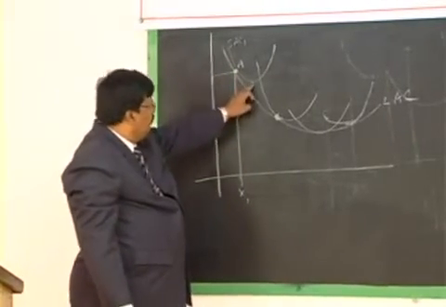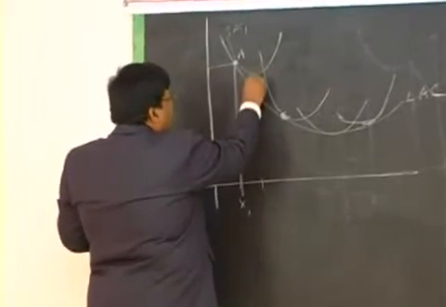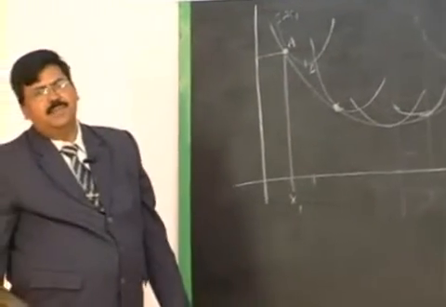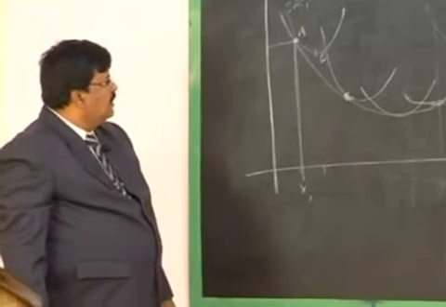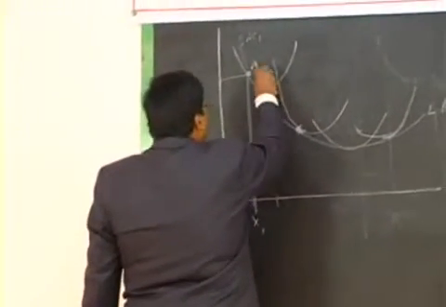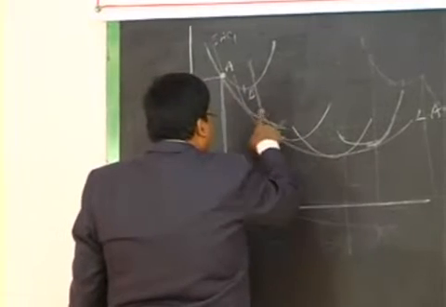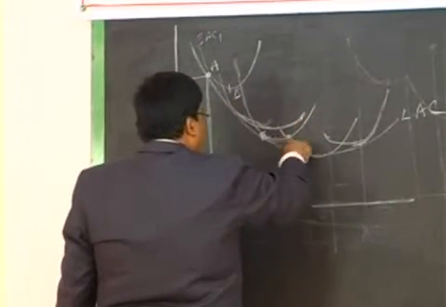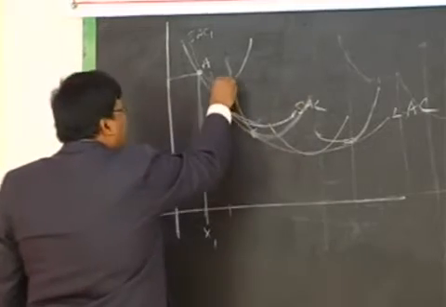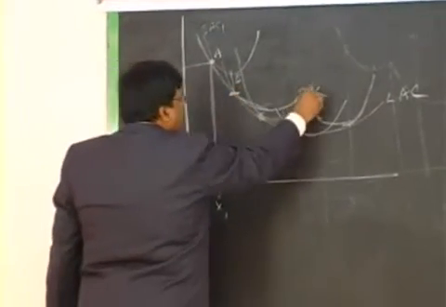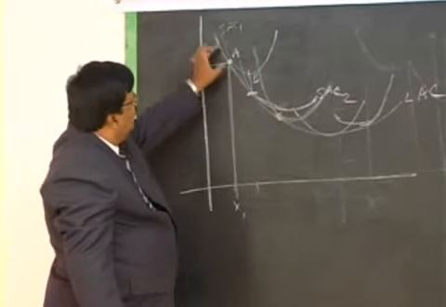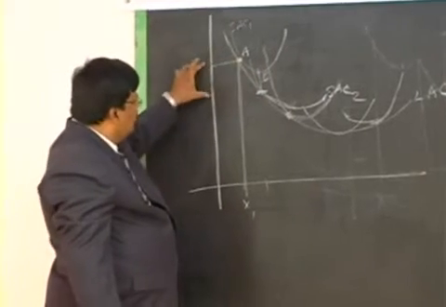By expanding output beyond OX1, say from point A to B, unit cost can be reduced, but unit cost can still be reduced by going for SAC2. At point A, unit cost is OC1.